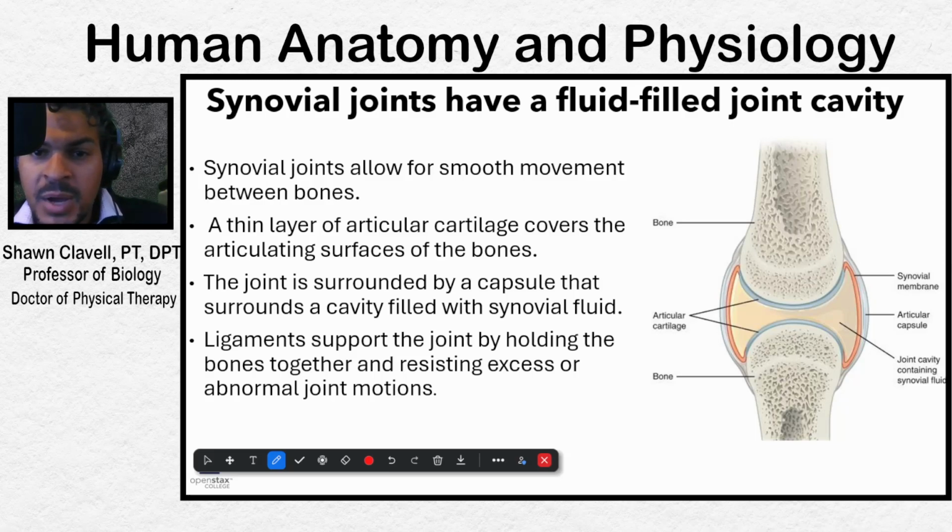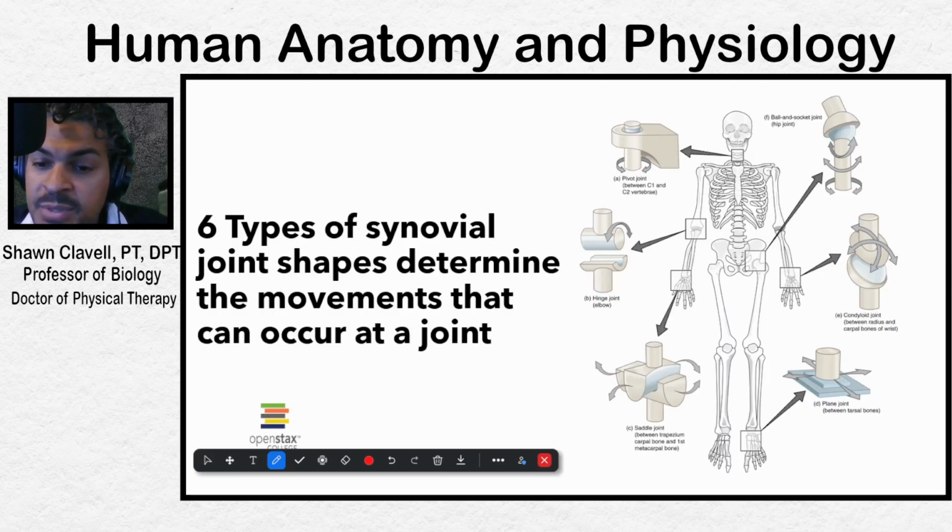You get that pop when you pop your knuckles, or you can pop your back even, so we can identify those synovial joints in the zygapophyseal joints where your facets are, not in the bone-disc-bone connection, but down in the back where the superior articular process meets the inferior articular process. That's the synovial joint related to movement. And so we'll talk a little bit more about the different types of joints in the next section.